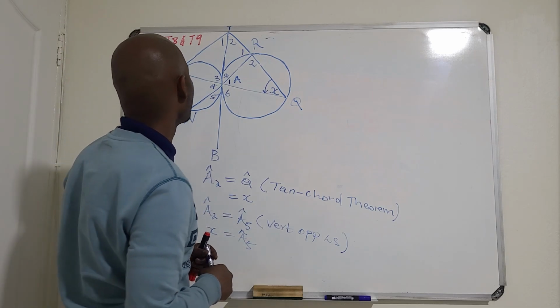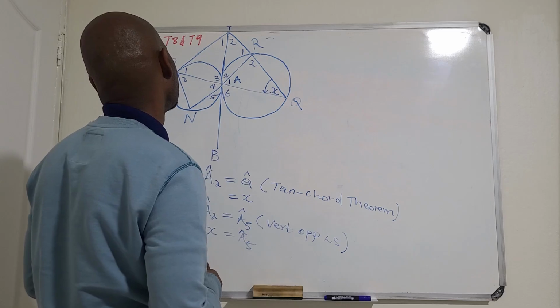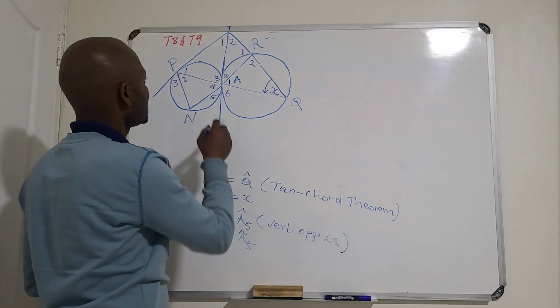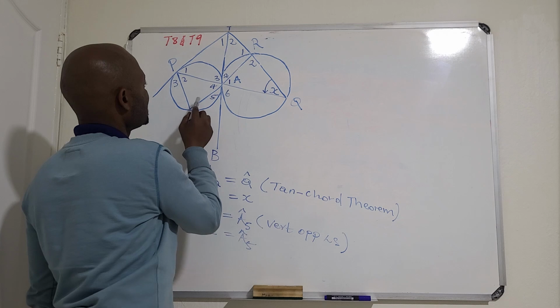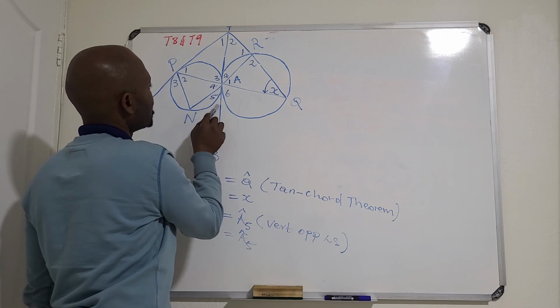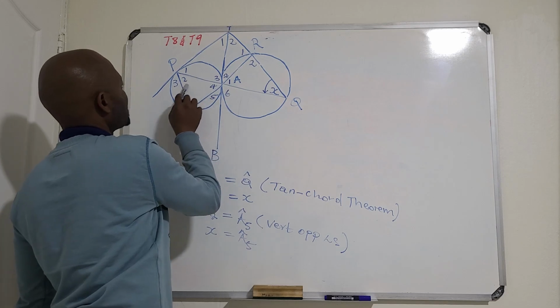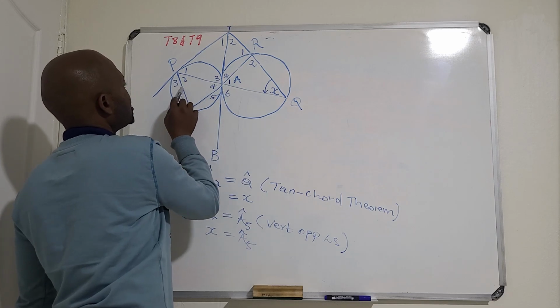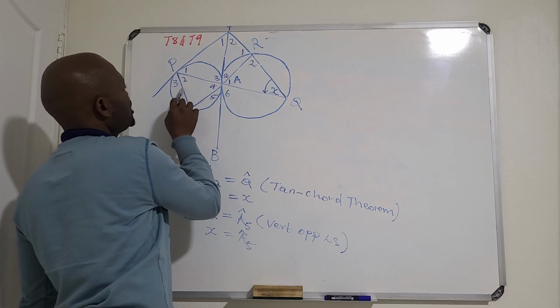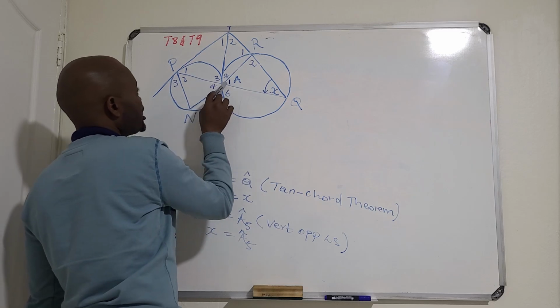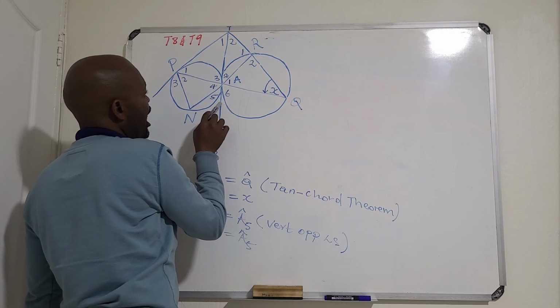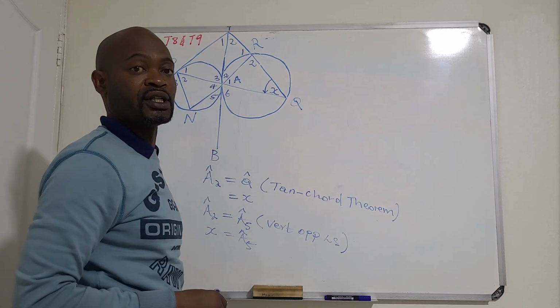Now, we can find another angle which is equal to x. We can see that this chord makes an angle with this tangent. Therefore, it is equal to this angle in the alternate segment, which is subtended by the very same chord which makes an angle with the tangent.